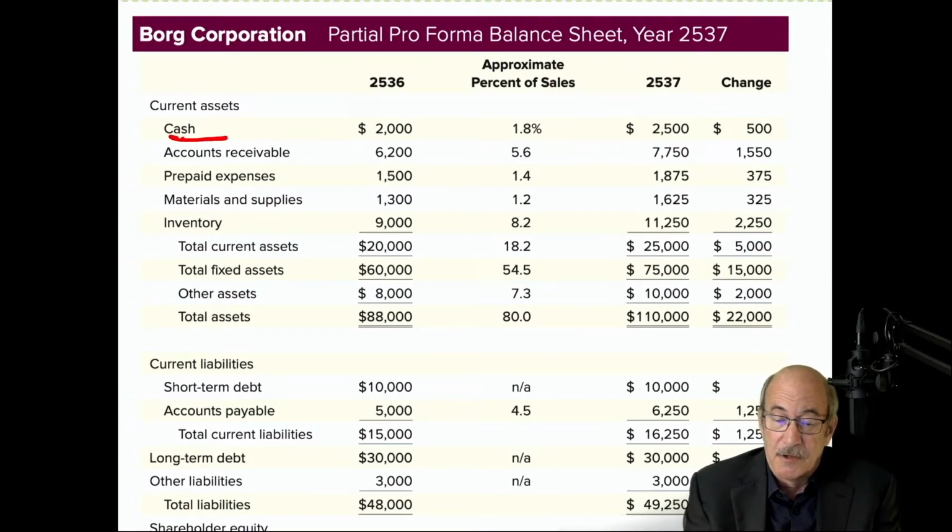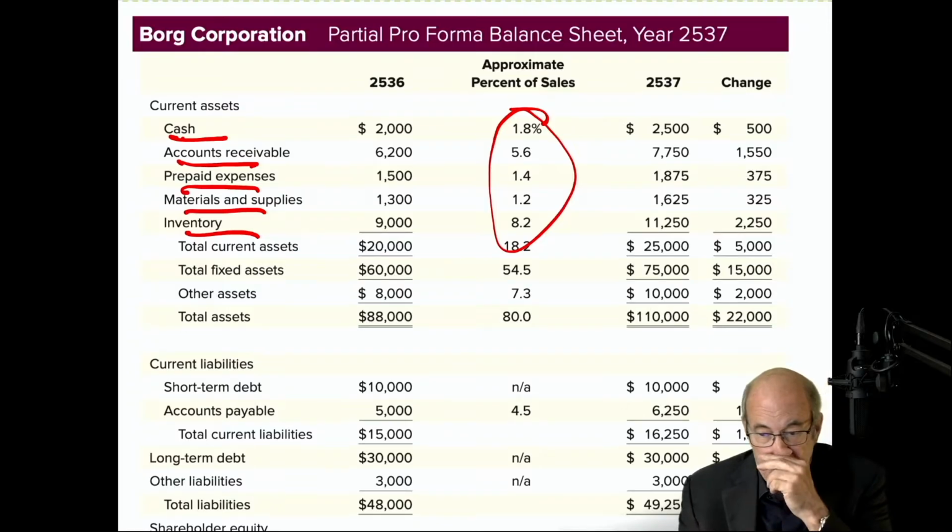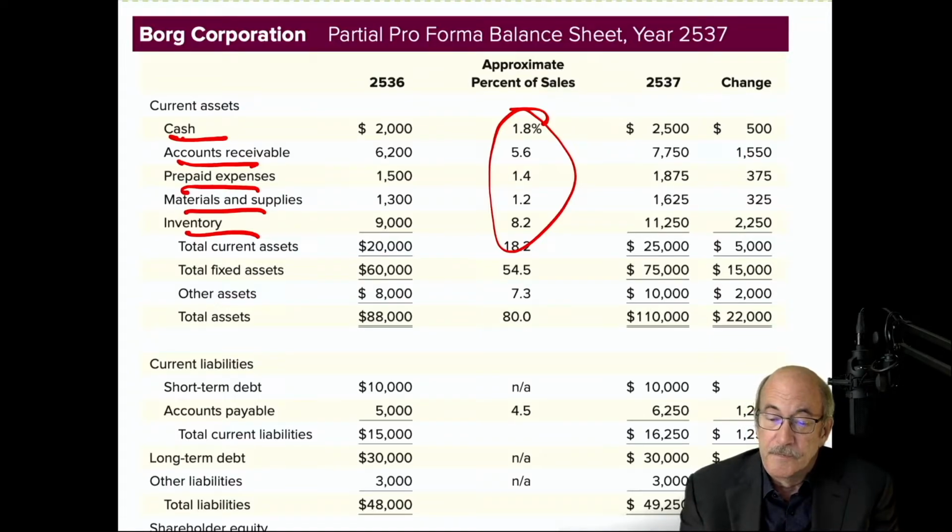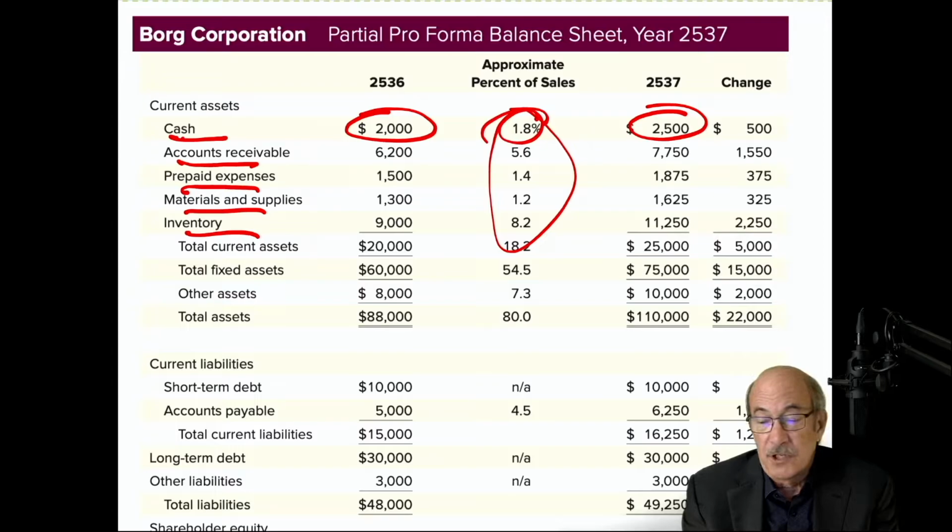Here are the accounts that vary with sales, and here's the percent of sales that they are. Going from 25.36 to 25.37, that goes up by 25%, or you could just say it's 1.8% of the 25.37 sales.